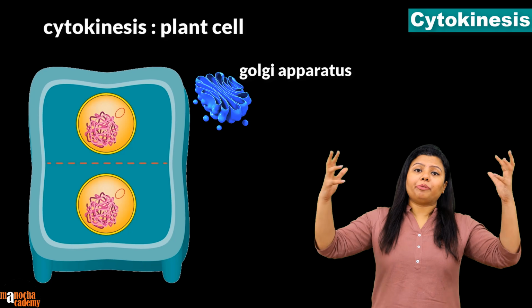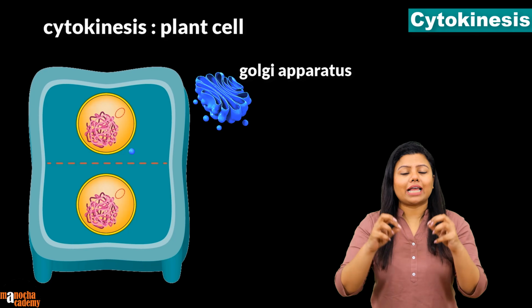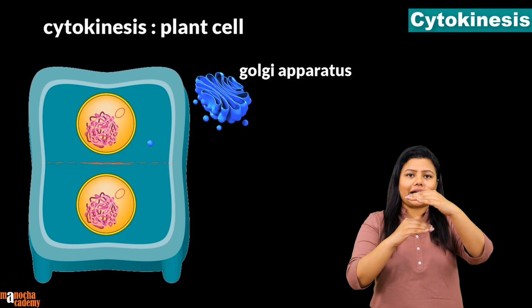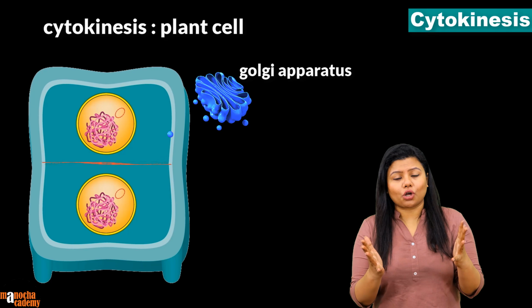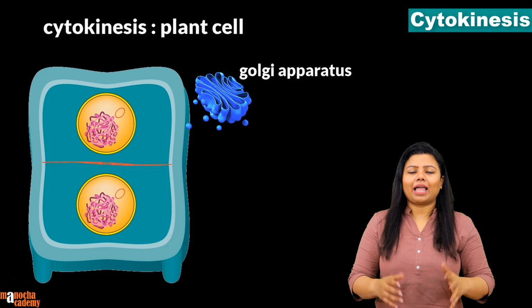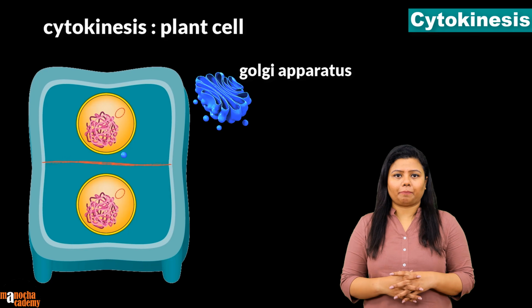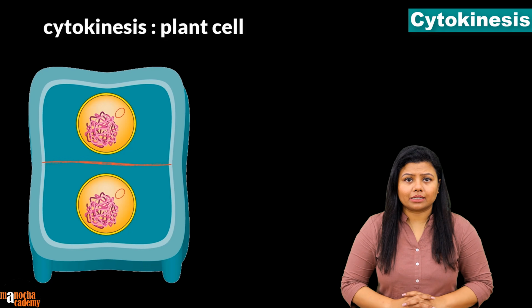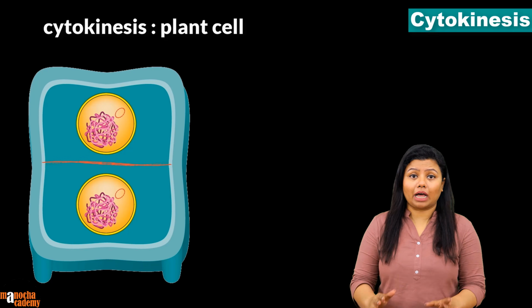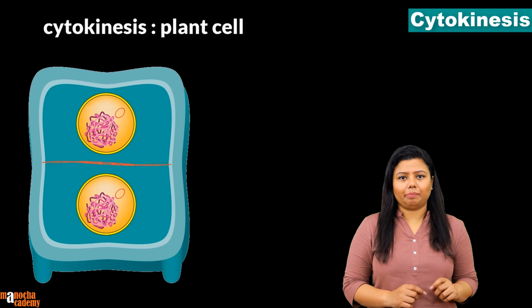Now Golgi body brings fresh layers of cellulose which is deposited on the two sides of the middle lamella, and then primary cell wall or cellulose deposition can further take place. The point is that we still have to develop the cell membrane in the plant cell.